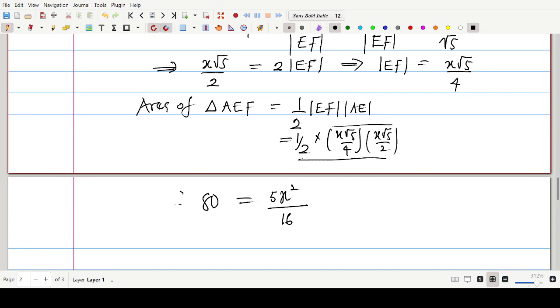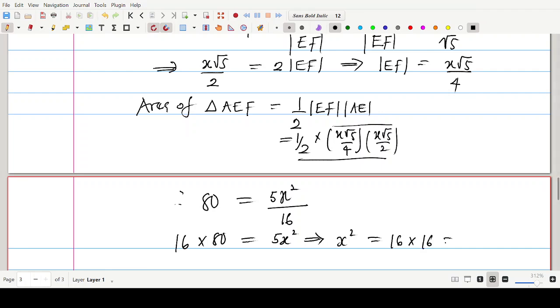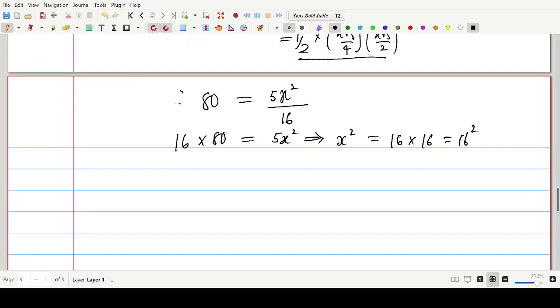From whence we have 16 times 80 equals 5x squared. Dividing by 5, we have x squared equals 16 times 16, which is 16 squared. Verify that when you divide through by 5, you get this result. So on taking the square root, we have x equal to 16. So we've gotten the value of x to be 16.